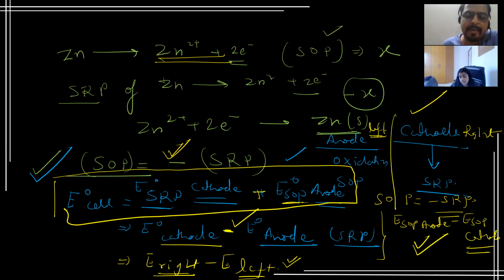So here we have written the cathode and anode. Then you can take E right minus E left. Cool. Now I'll give you one simple question.